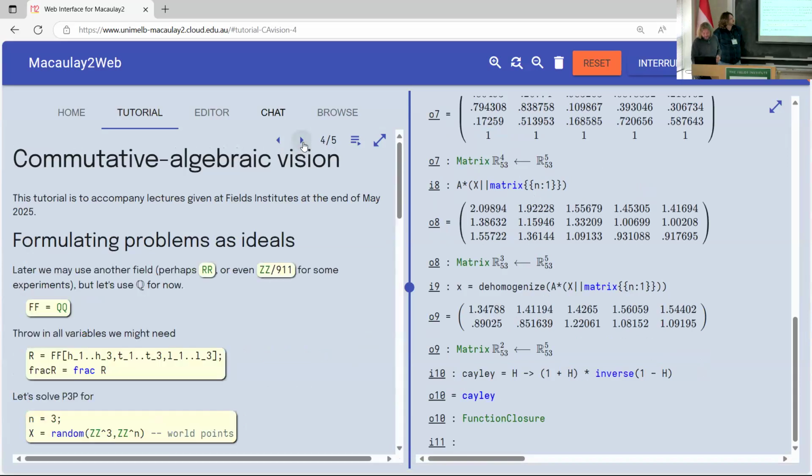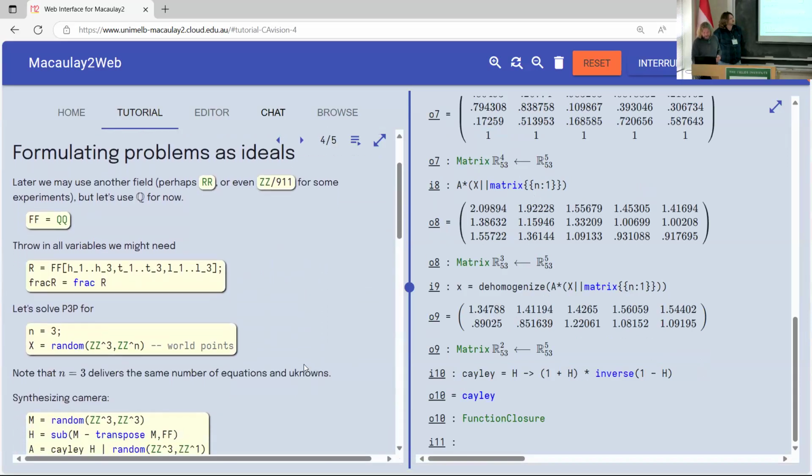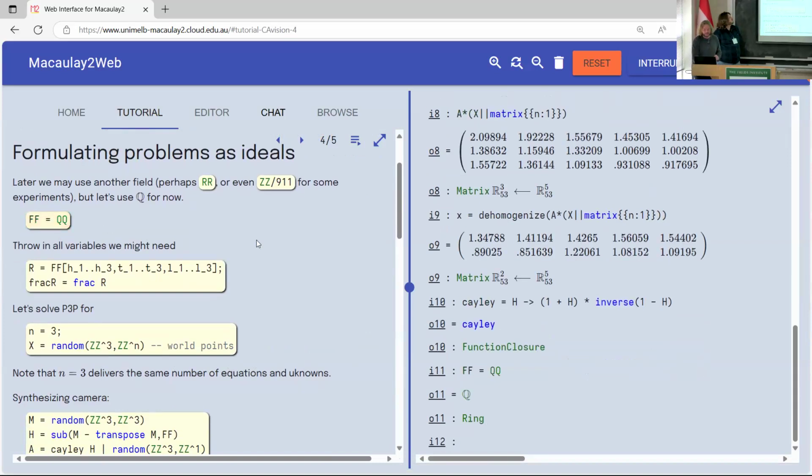Okay. Well, so how would I set up the problem of recovery of my camera in Macaulay 2? Well, here we're going to work over the field QQ, but it's not important.